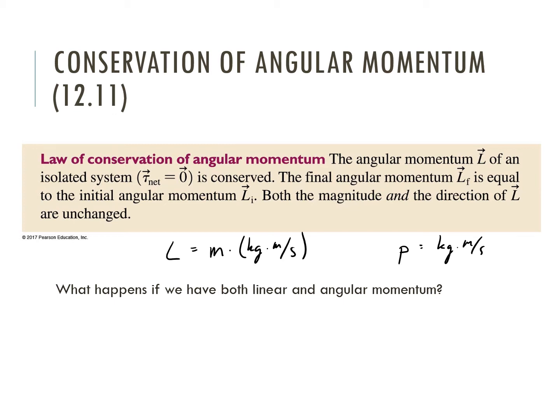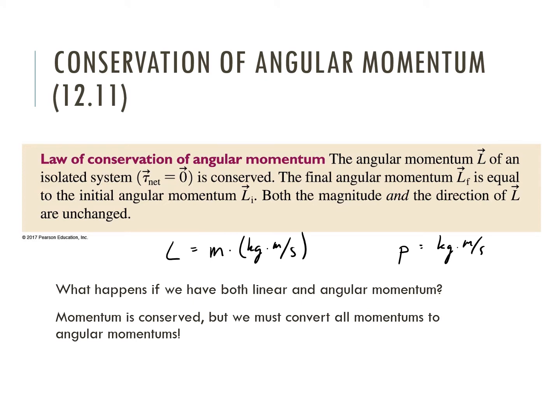So what we need to do when we have both linear and angular momentum is we have to convert all of our momentums to angular momentums. So everything we focus on must be converted to an angular momentum. Then we're going to use the conservation of, in reality, angular momentum, because all we are dealing with are angular momentums.